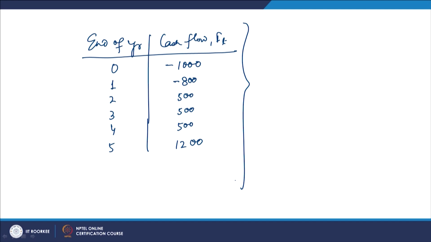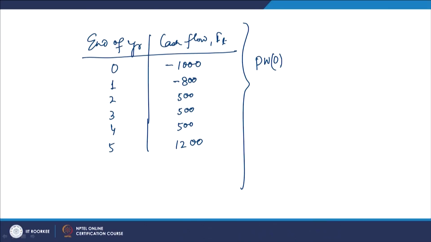So, you take plus for the receipts and minus for the disbursements. If you define the internal rate of return as i*, then for that i* the present worth ultimately will be 0.